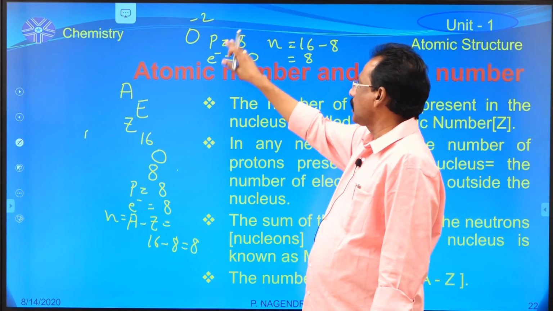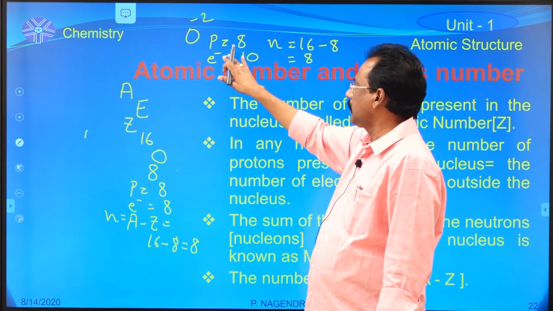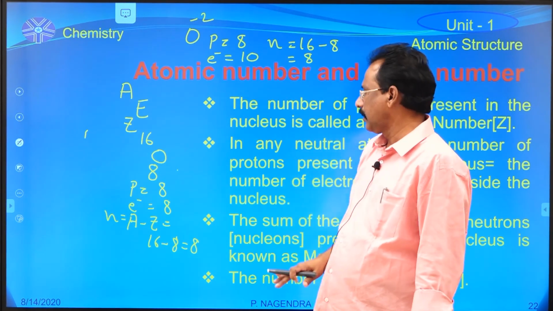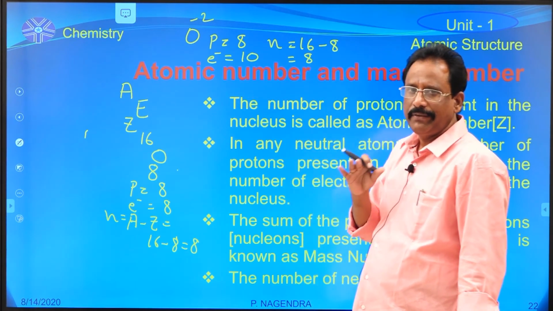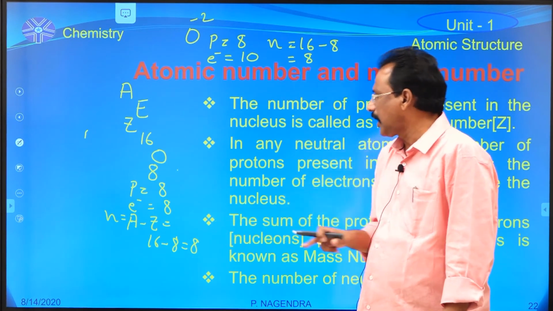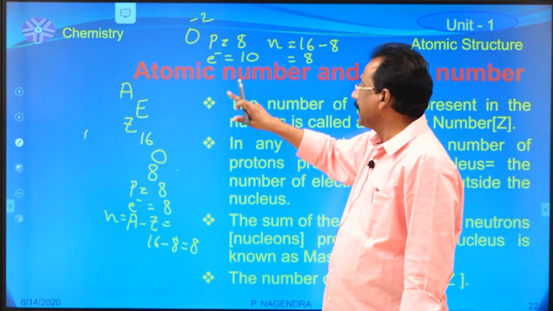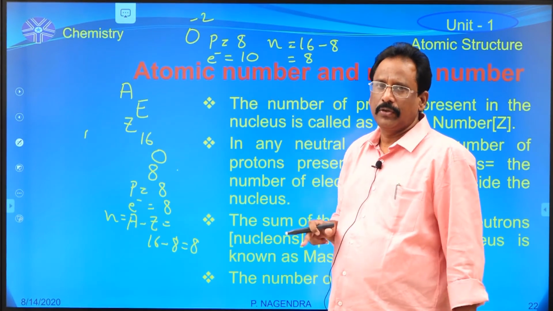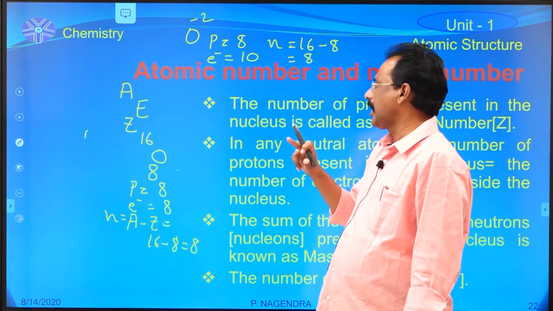So in the oxide ion the total number of electrons is equal to 10, but there is no change in the proton number when compared with the neutral oxygen atom. So a very important point is, the same number of neutrons are present in a neutral atom and its ion also, because there is no change in the proton number.